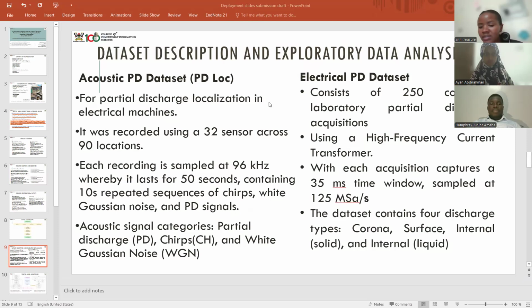The data set contained four discharge types: corona, surface, and internal discharge that was divided into internal solid and internal liquid. Solid is the insulator and liquid represents the type of insulators.